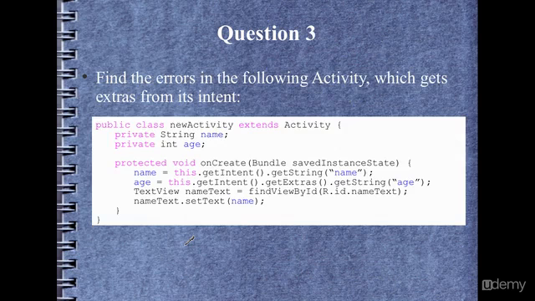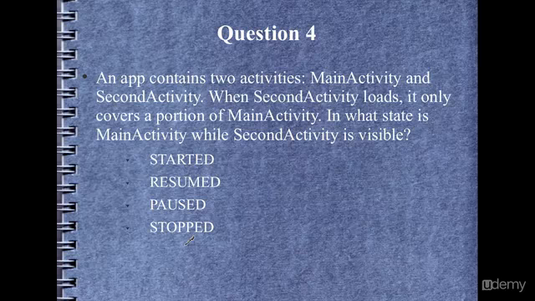Question 3. There are some errors in this activity, and it gets extras from its intent. So we want to look for the extras in this activity. What are the errors in this code that will break it so that it doesn't work? And finally, question 4. Assume an app has two activities, main activity and second activity.